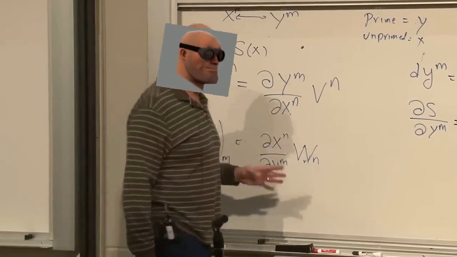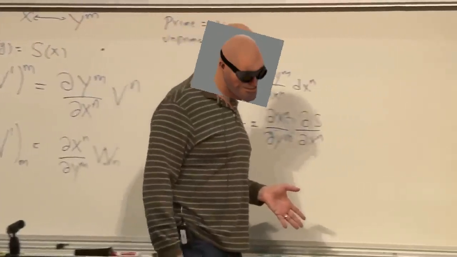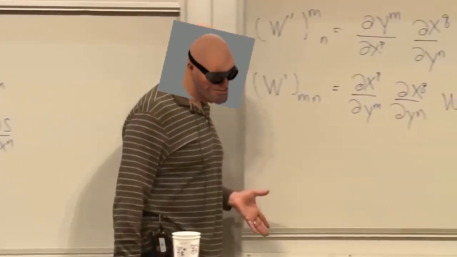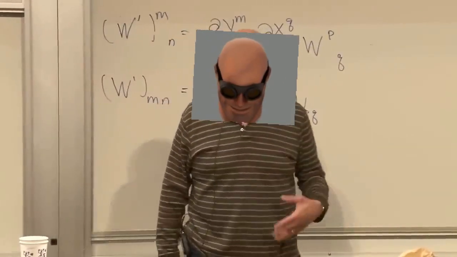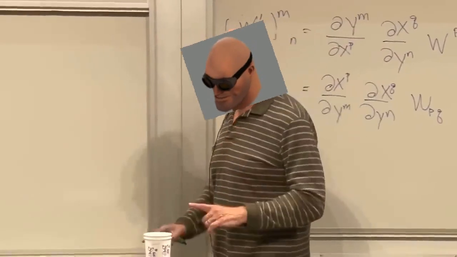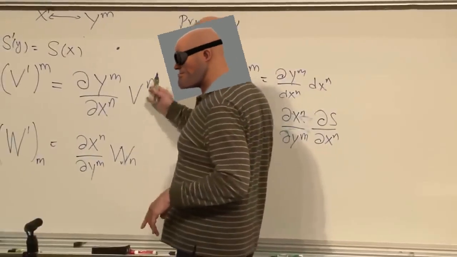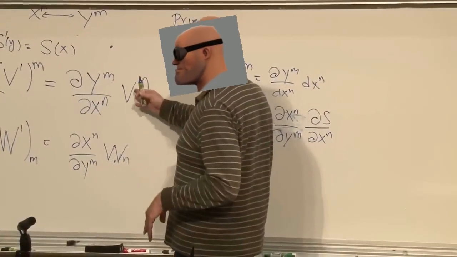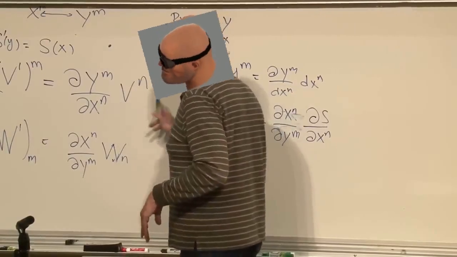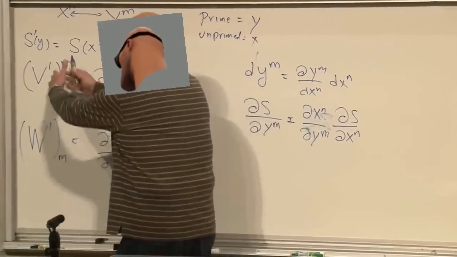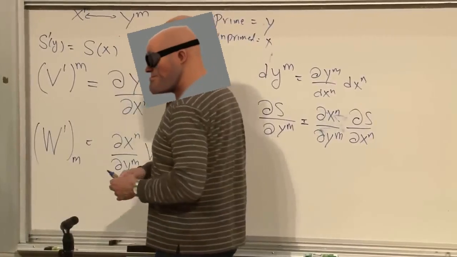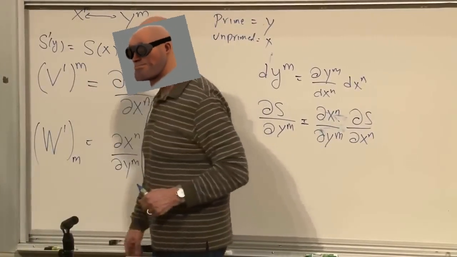For a vector to be 0, it doesn't mean some component is equal to 0. It means all of its components are equal to 0. A vector is only 0 if all of its components are 0. If all of the components of the contravariant vector V^n are 0, then obviously the transformation property is such that all the components of the prime vector are 0.